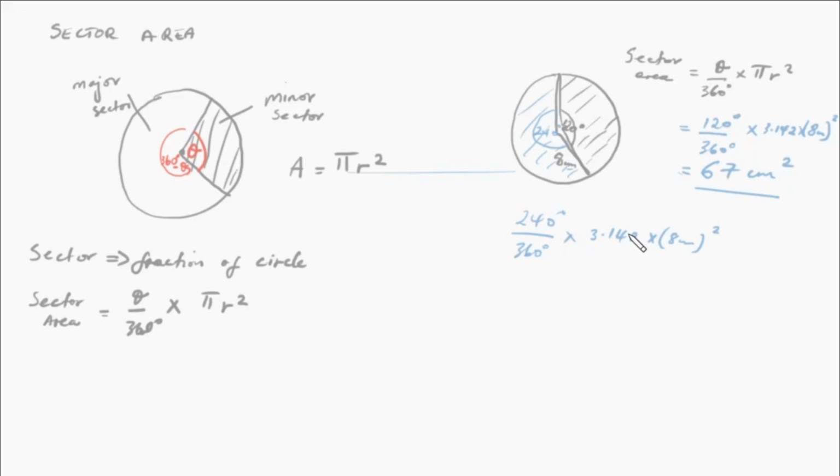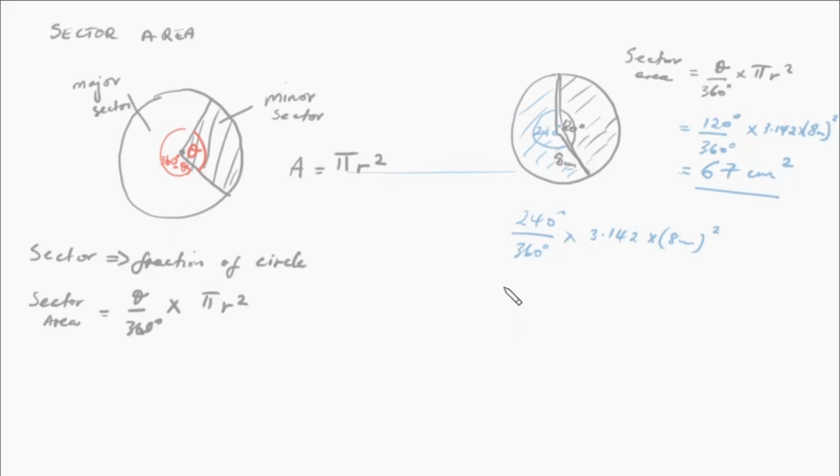Continue. You say 240 multiplied by 3.142 multiplied by 64, right? Then divide that by 360. You get 134, okay?